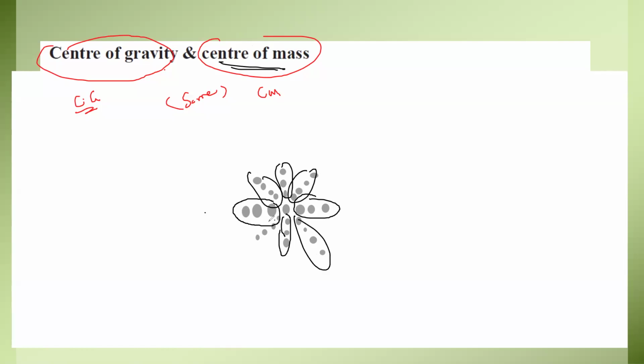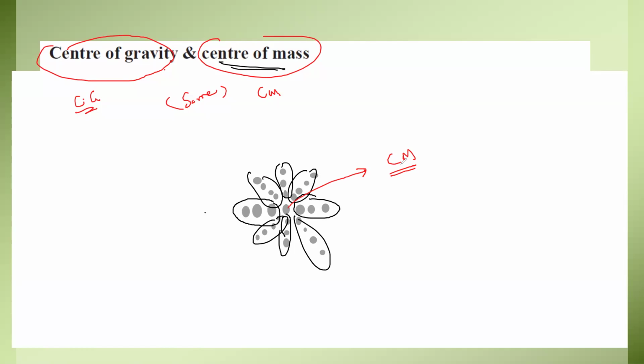So there's a specific point around which the particles are evenly distributed. That point we call the center of mass. So the center of mass is a point around which there is an even distribution of the particles.